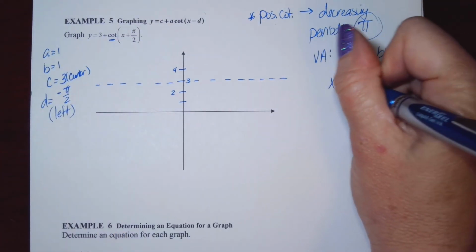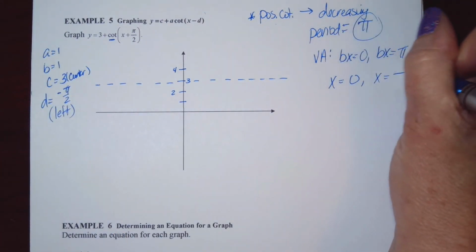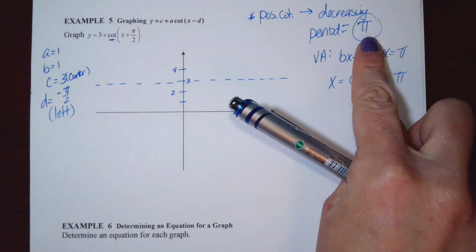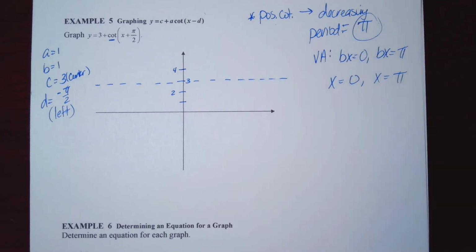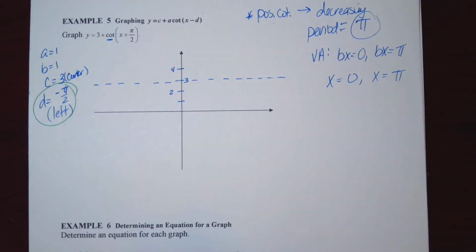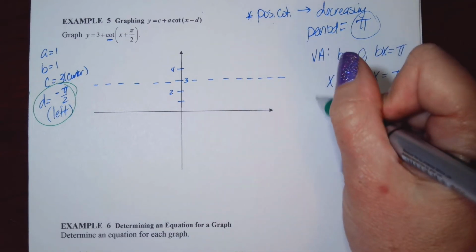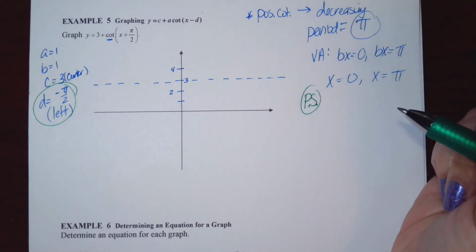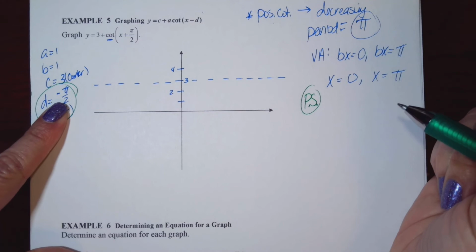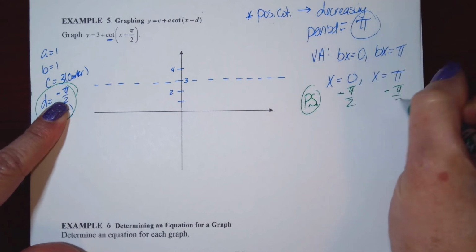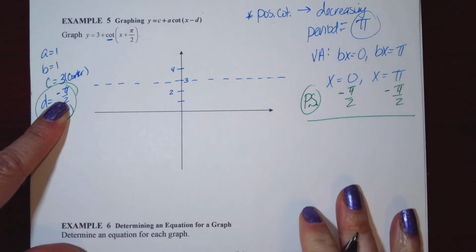So my vertical asymptotes start at 0 and pi, which works for my period, but I have a phase shift. So I have to take these equations for these vertical asymptotes and apply my phase shift. My phase shift is a pi half to the left, so I'm going to subtract pi half from each of those equations of vertical asymptotes.